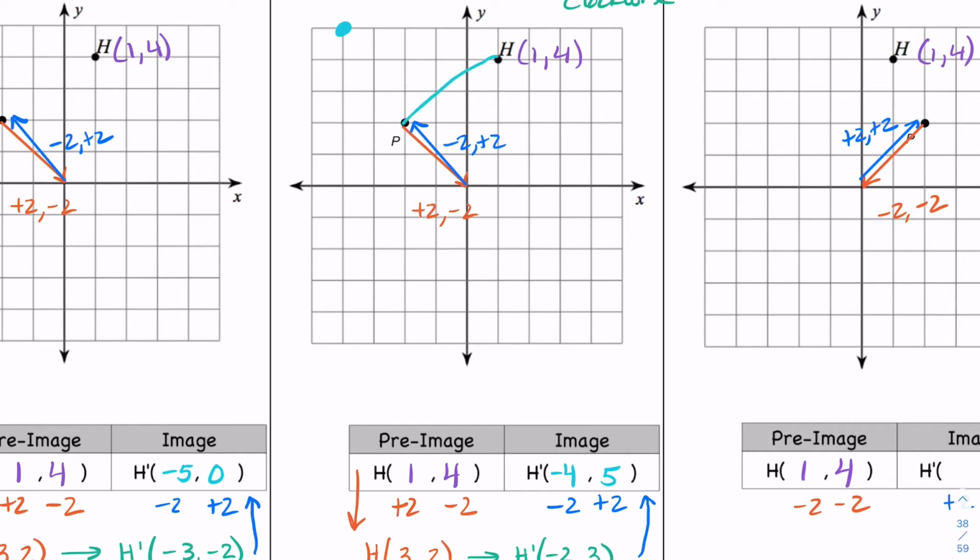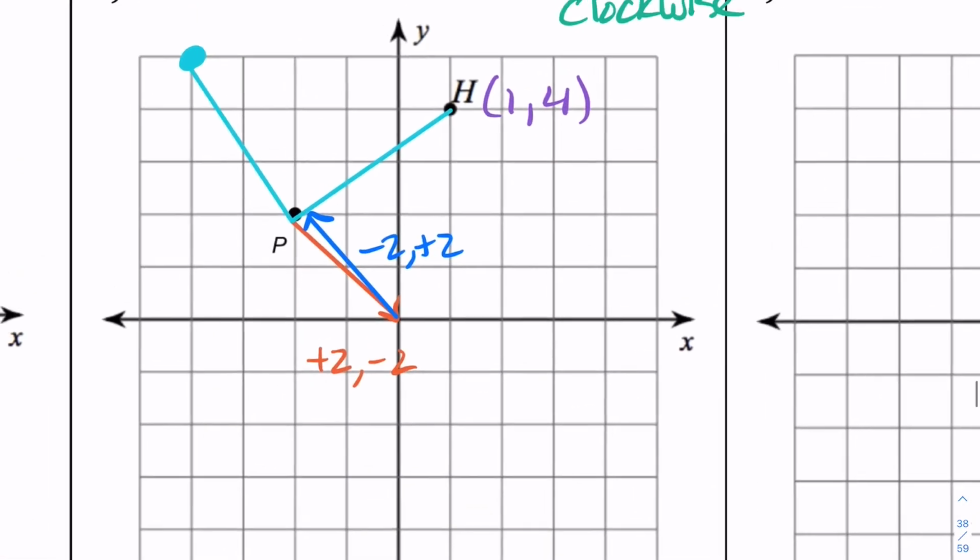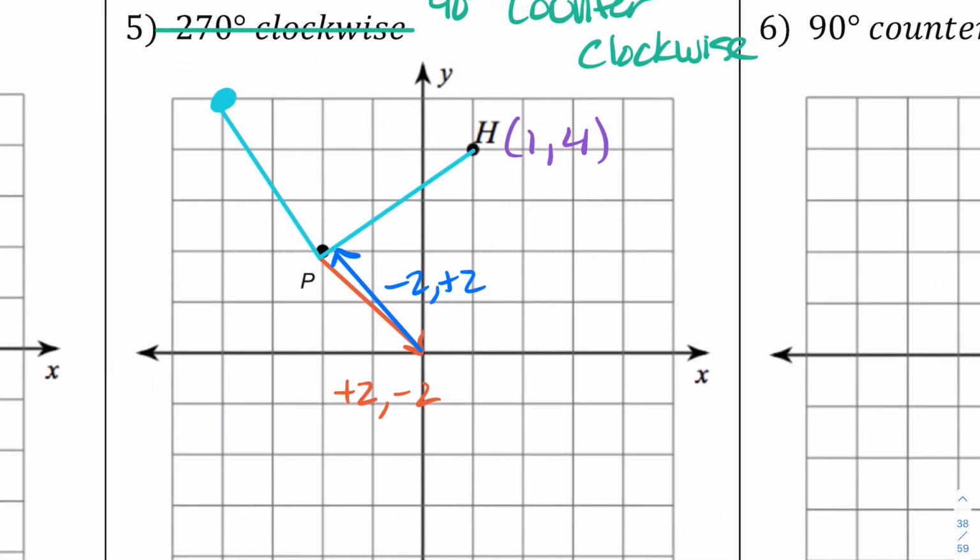Which surely does look like a 90-degree rotation, right? Doesn't that look like a right angle? So 90 degrees counterclockwise. Yep, looks pretty good to me. So H prime is negative 4, 5.